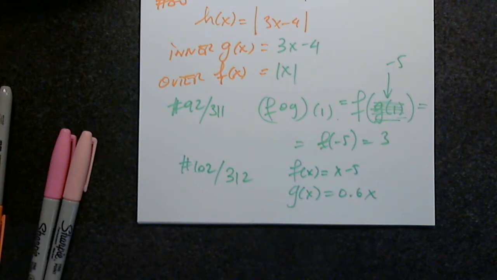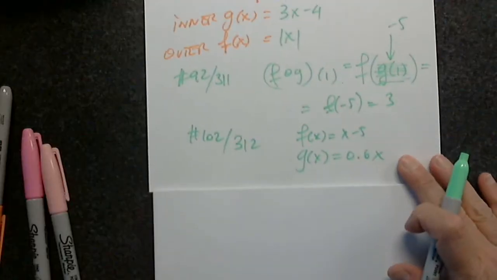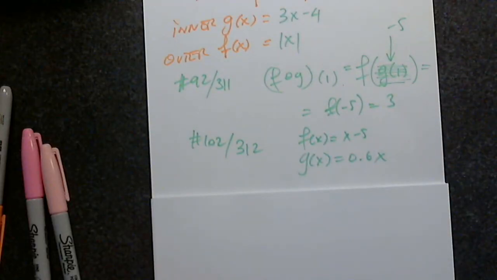So we take the jeans to the counter, and they give us a discount of $5. On g of x, however, the discount is totally different. Would you like a discount of 40% or a discount of $5? As long as the 40% is bigger, right? So we only pay here 60%. So they want us to determine f comp g and g comp f and decide which one is better for us.